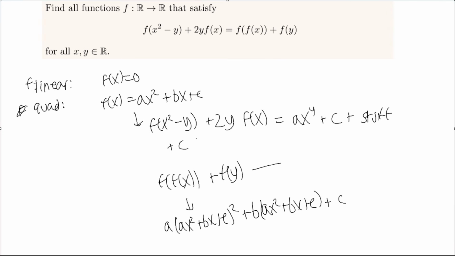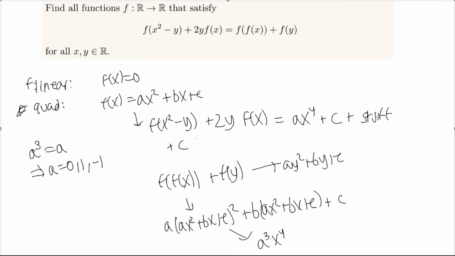And then this one is ay squared plus by plus c. The leading term here is equal to a cubed x to the fourth. So by comparing the two leading coefficients, because they're equal as polynomials, a cubed equals a, which means a equals 0, 1, or negative 1.